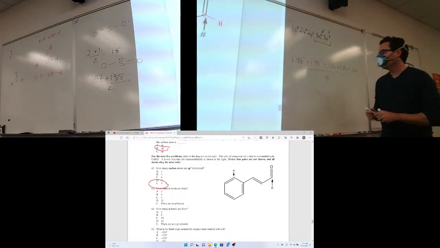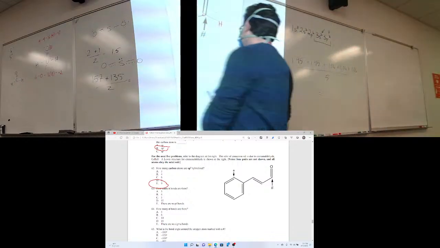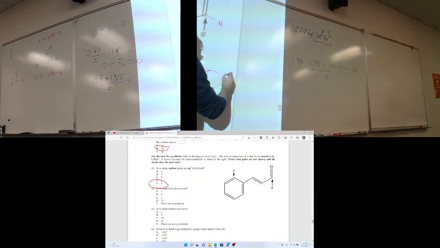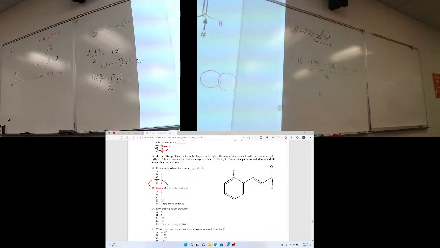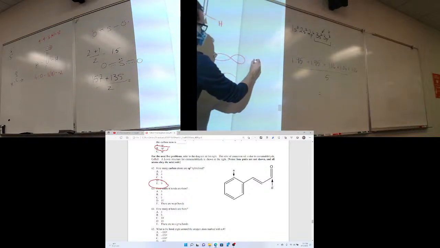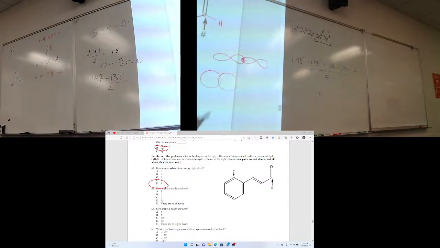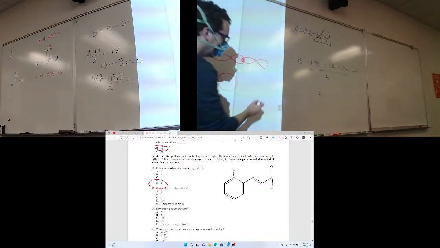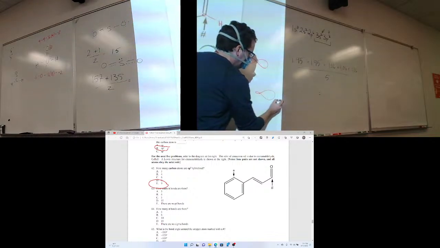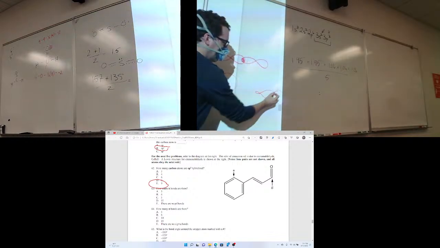They come from 2 s orbitals overlapping like that. That's a sigma bond. They come from 2 p orbitals overlapping like that. That's a sigma bond. It's just an end-to-end overlap. You can do hybrid orbital overlap, so an sp2 with an s orbital.